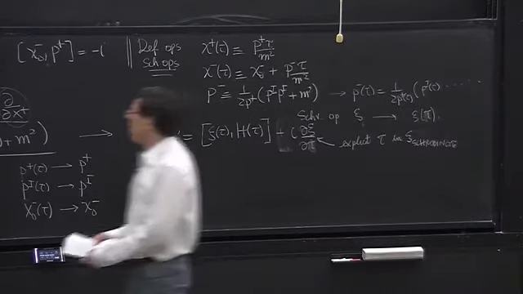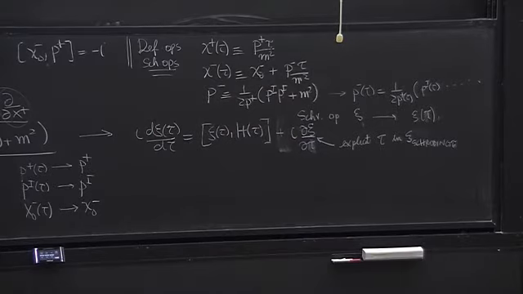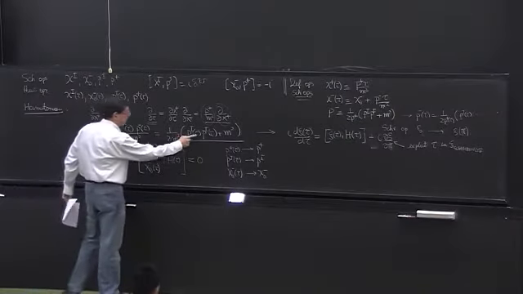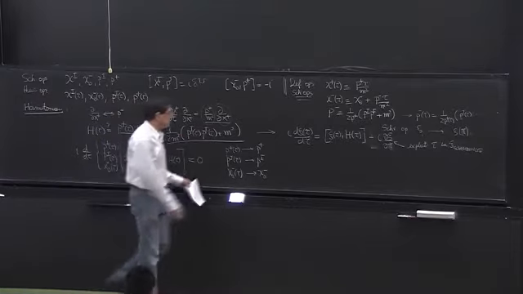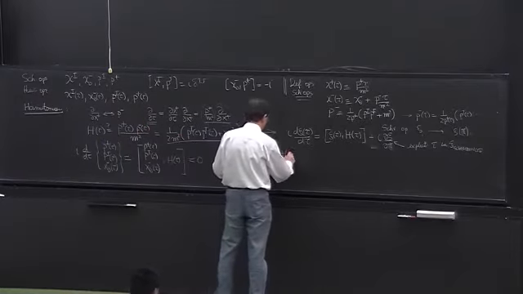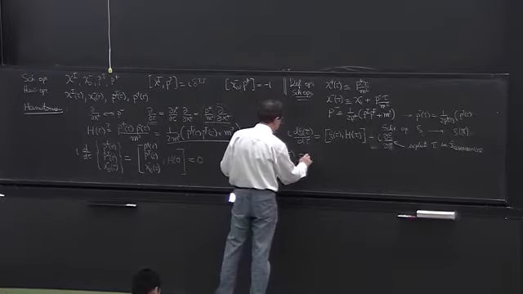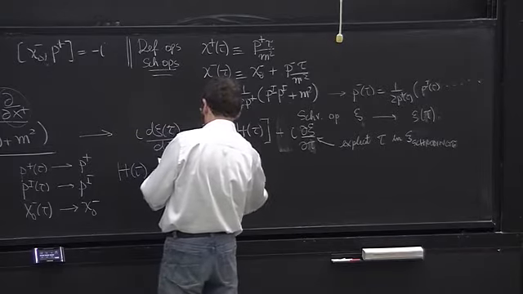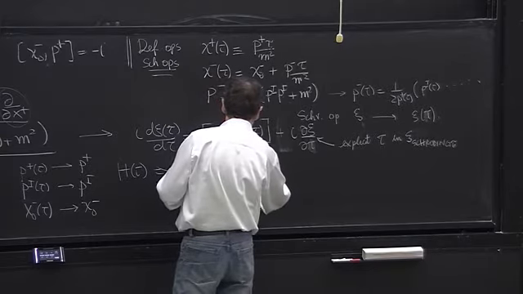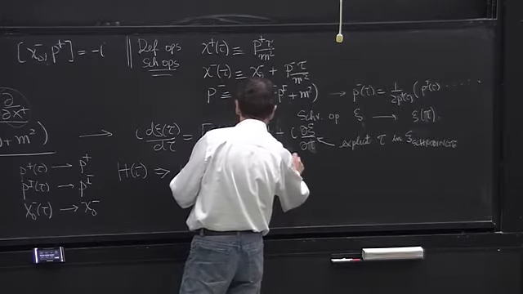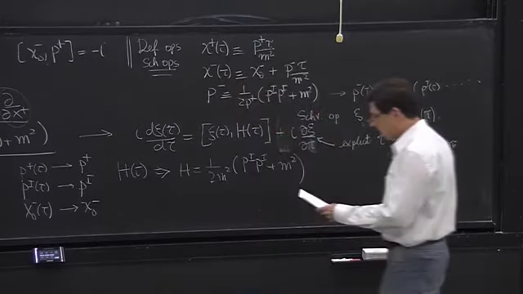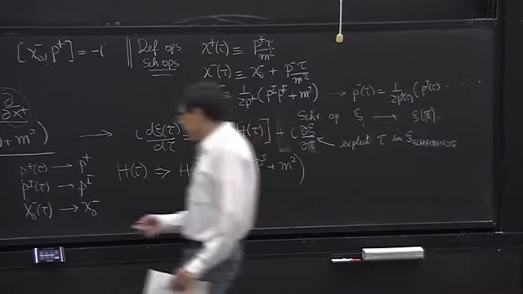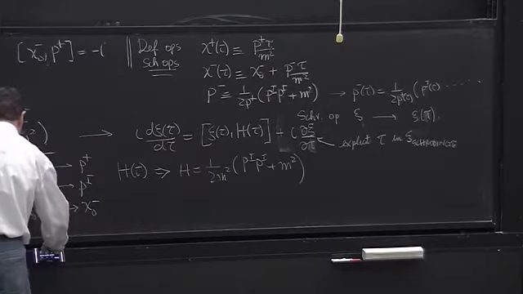So at this moment, even this Heisenberg Hamiltonian is time independent, which is obvious because all these things are time independent. So h of tau can now be written as h equal 1 over 2 m squared times pi squared plus m squared. So things are going well.